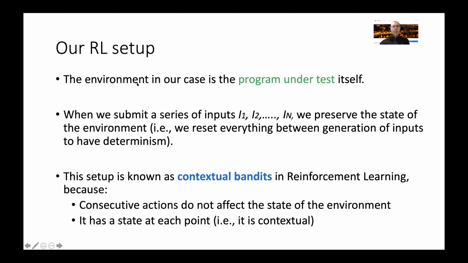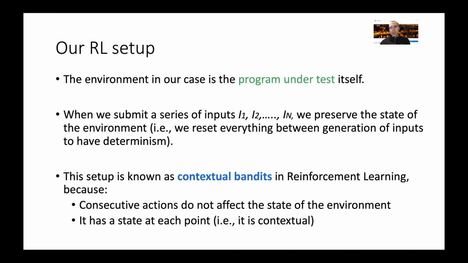Okay, so the environment in our case is the program under test. When you submit a series of inputs, like I1, I2, IN, and so on, what we do is preserve the state of the environment to get determinism, so that they don't affect each other. So this is known in theory as contextual bandits, because it has a state first.